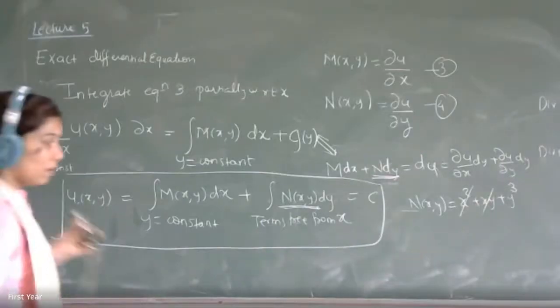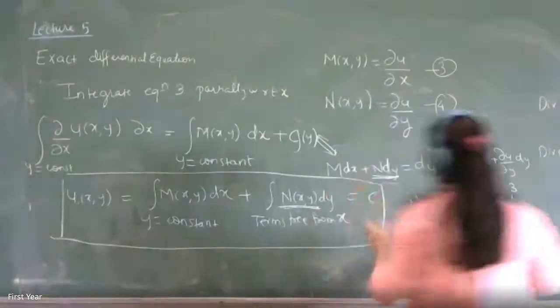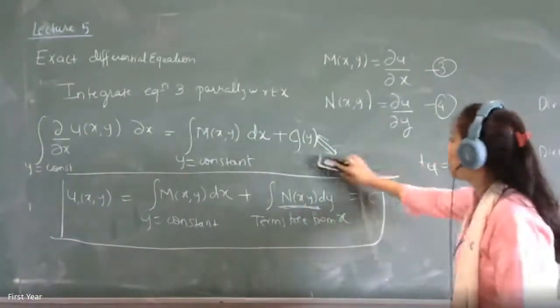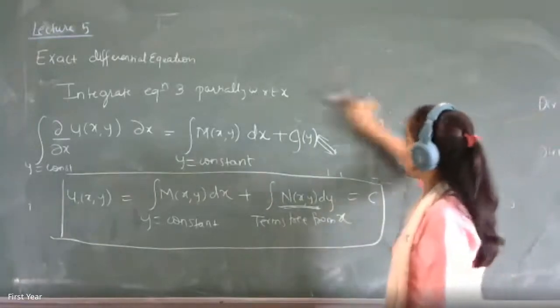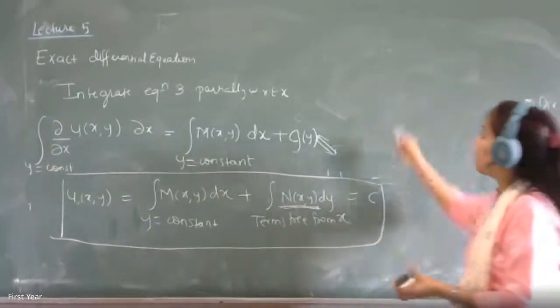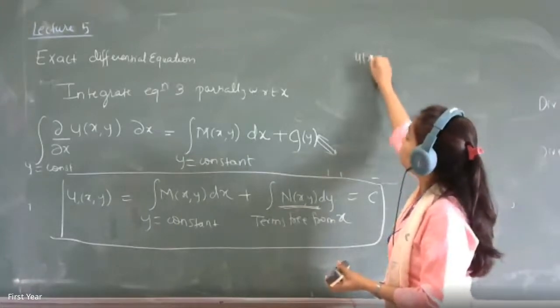All of you, please listen. If you have understood this, tell me, if I start with x first, partially integrating with respect to x, then what will be the solution?